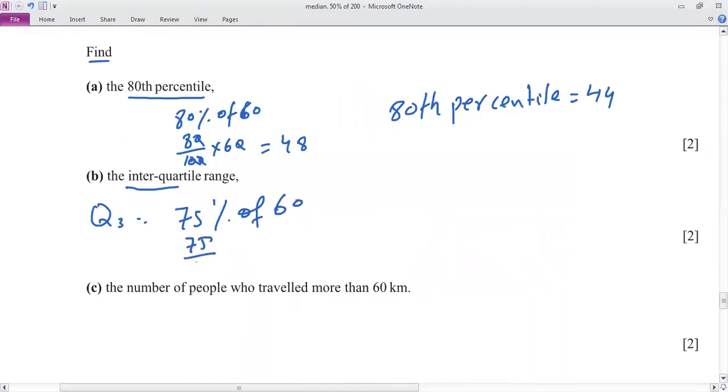So 75 over 100 times 60, what will it be? 45.